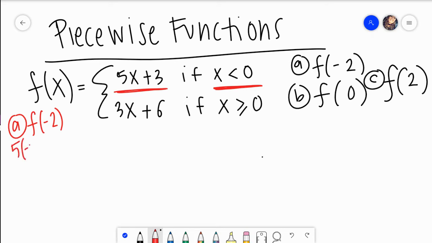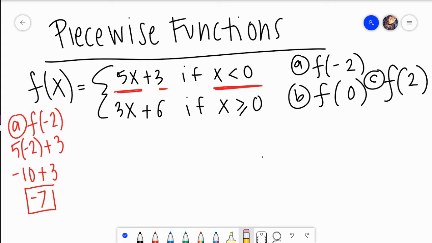So I get 5 times -2 plus 3. 5 times 2 is 10. Signs are different, so it's negative. And we have our 3 right here. Signs are different, and I'm combining, so I subtract, and I keep the sign of the larger. So -7 would be f of -2.